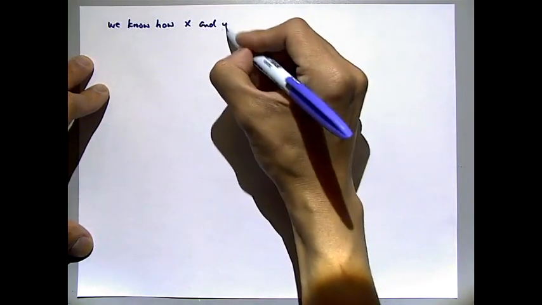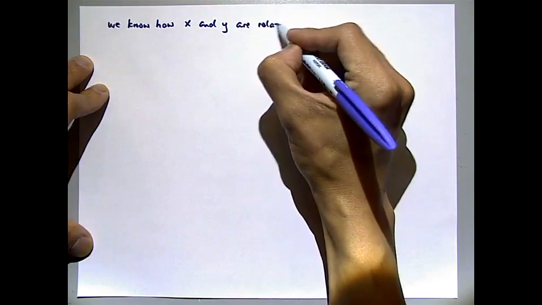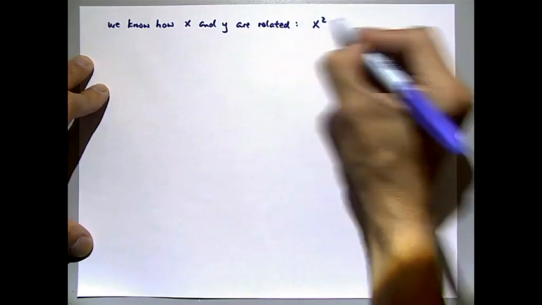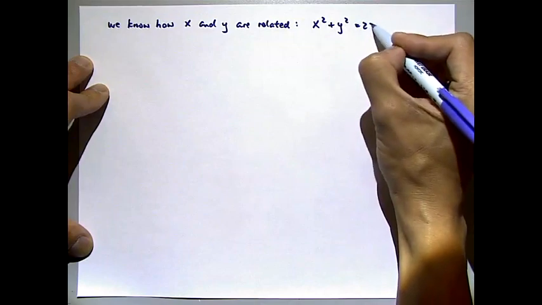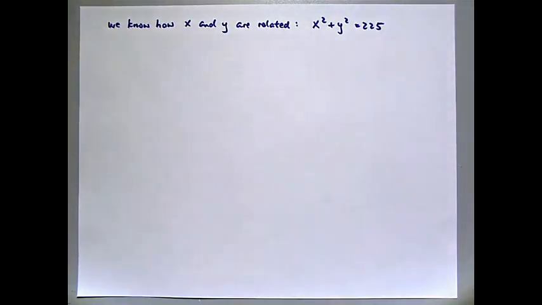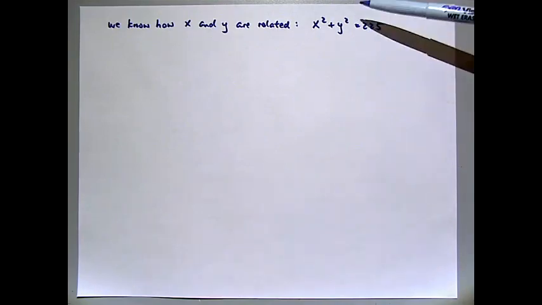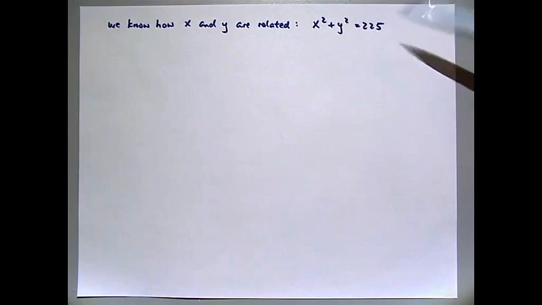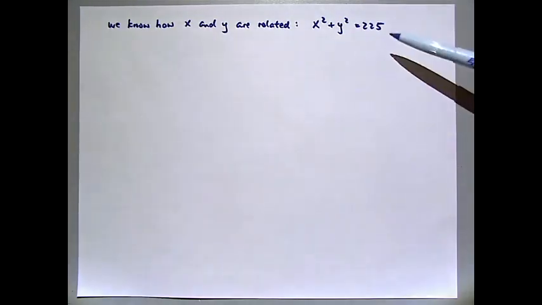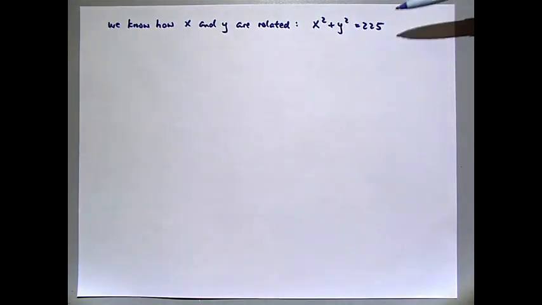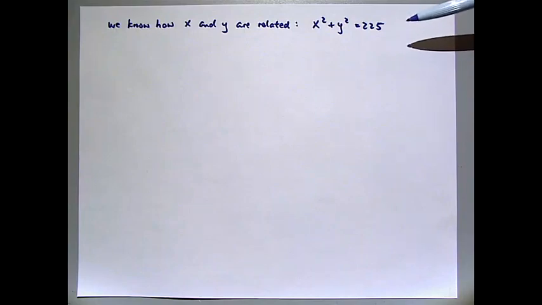We also know how x and y are related, because we know the equation of that circular track. Anywhere on that circular track, whatever x component the position is, it's got to be related to y by this equation. If you know one of these two, you know the other automatically. They're always related by this equation. So if we go ahead and take the derivative of this, we should be able to somehow relate those two quantities.